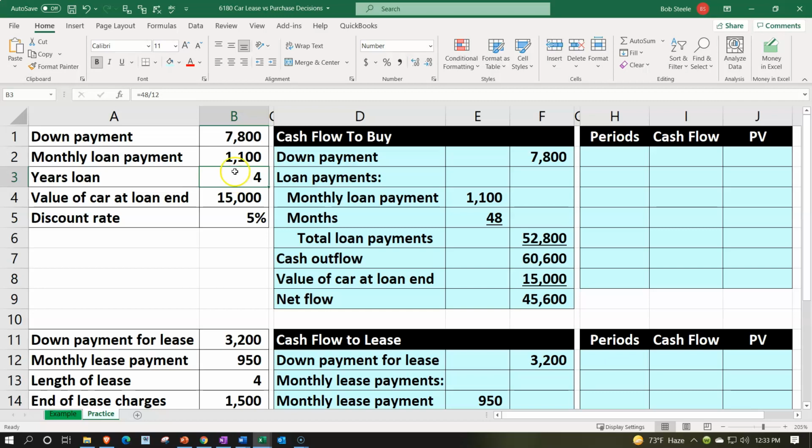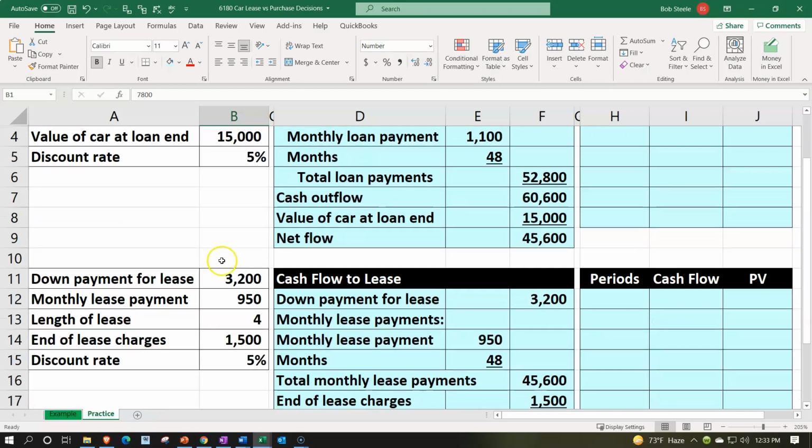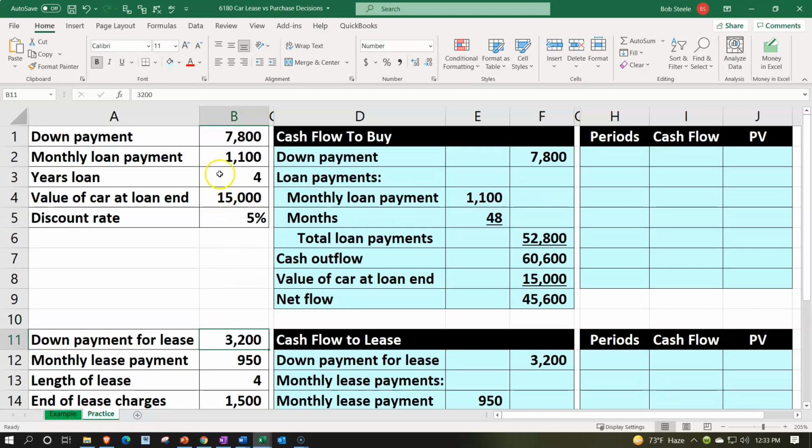So in this case, we put a larger amount down, the 7,800, than we had on the first down payment, and then we have differences in the payments each year. Since they're being paid at different time frames, we should be accounting for that with time value of money concepts.